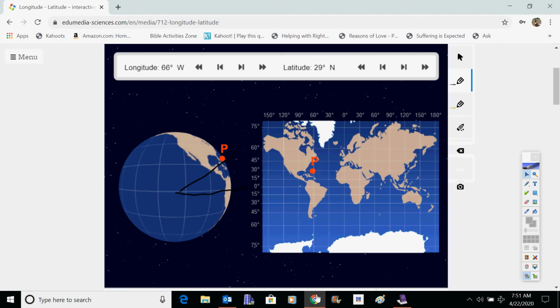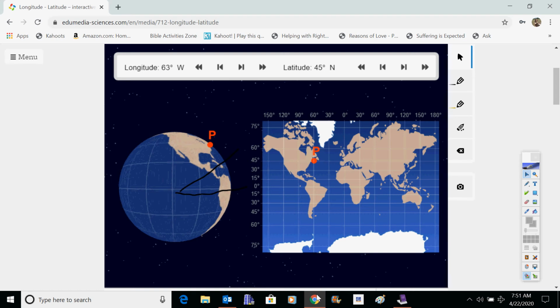If I were then to take this and move it up again, we can't see it, but let me turn our world just a little bit so we can see it. There it is. It's a little difficult to see, but here would be our 45 degrees.